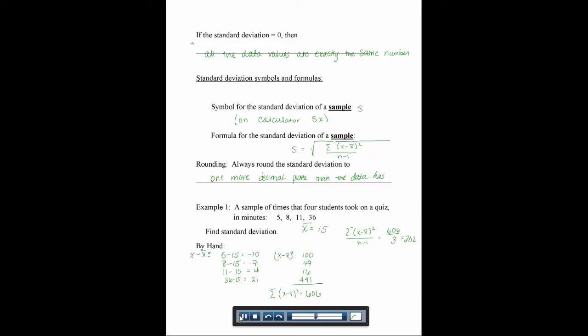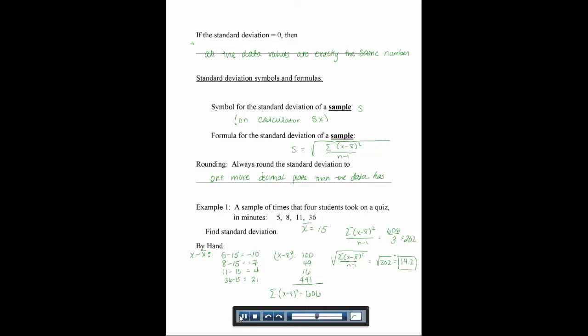And then the last part of the formula is the square root of all of that. So our answer would be the square root of 202. We want to take this to one decimal place, so we would get 14.2. You can see this is a long process just for 4 numbers. Imagine if you had 20 numbers, you really wouldn't want to do it by hand.